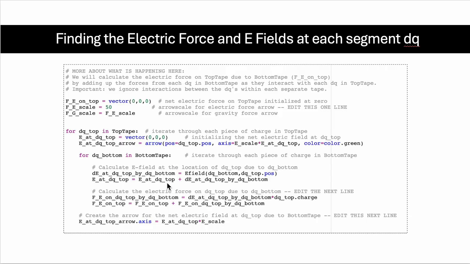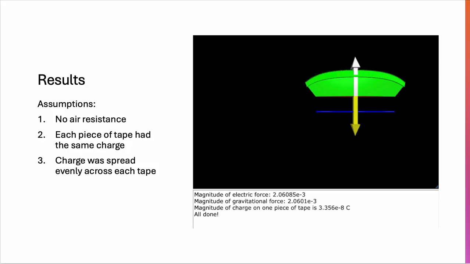So for every segment on the bottom tape, summing that up to get the E field of that particular top segment, and then also finding the electric force. But actually the net electric force over time. And so that's just all this is.